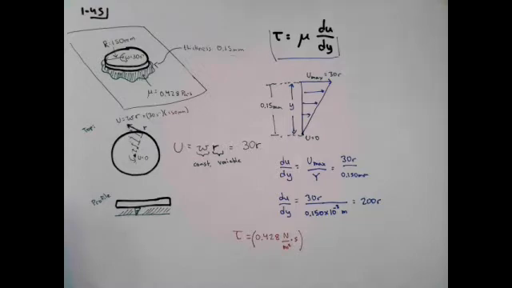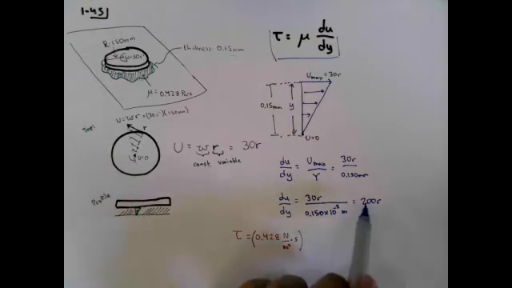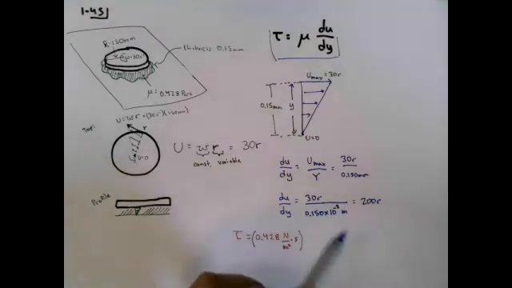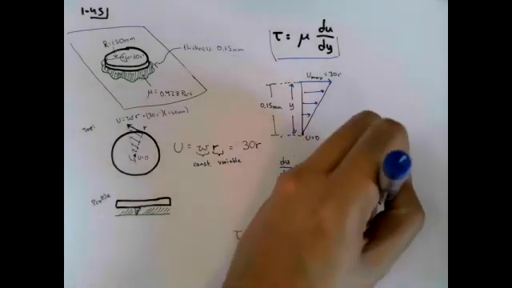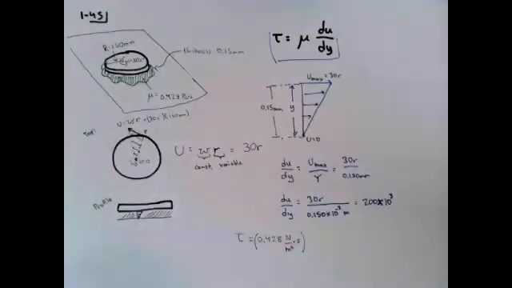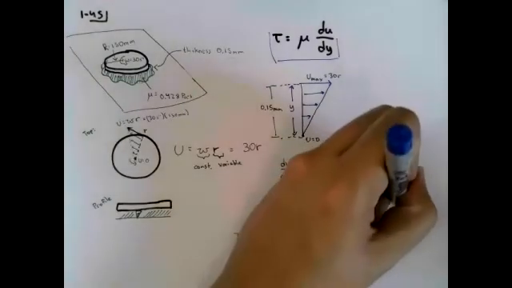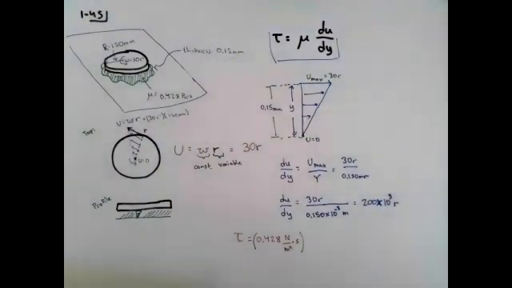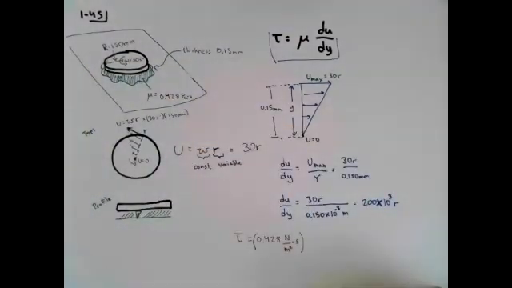I had 200,000 since it's to the negative 3 on the bottom. Okay, so this negative 3 is gonna increase our number by a magnitude of 10 to the power of 3, right? So it'll be 200 times 10 to the power of 3, is that correct? Yes, it looks right. I was looking at the top one. Yes, that's absolutely right. So 200 times 10 to the 3 R is our strain rate.